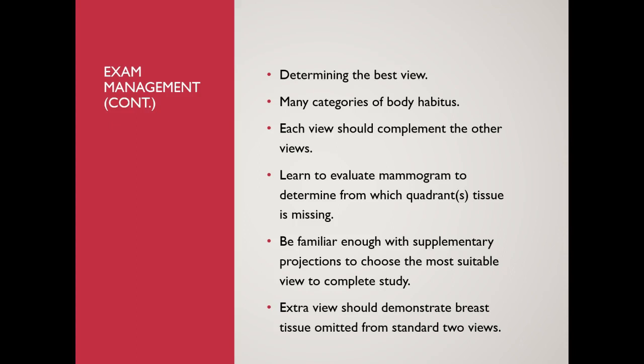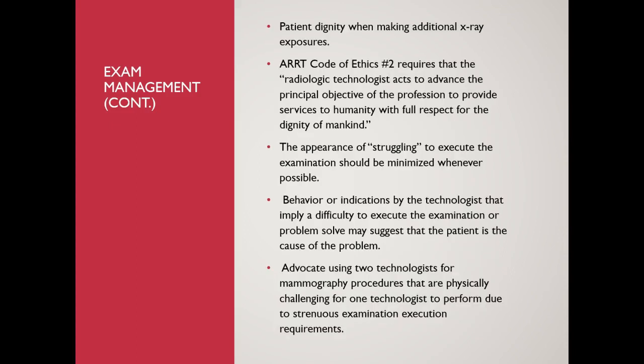Be familiar enough with supplementary projections to choose the most suitable view to complete the study. And the extra view should demonstrate breast tissue omitted from the standard 2 views. It's not going to do us any good if the additional views are not capturing that omitted tissue.